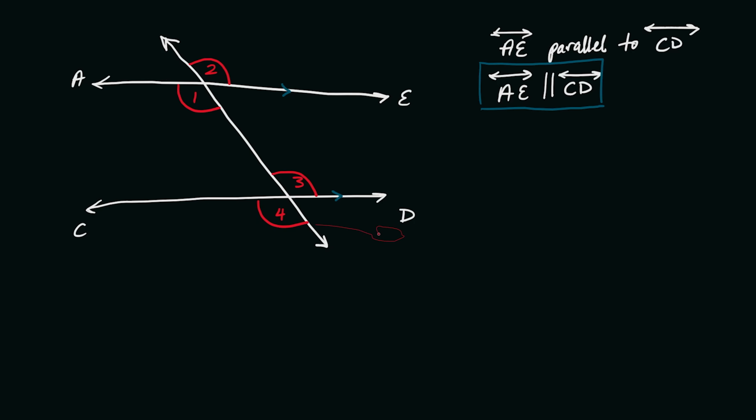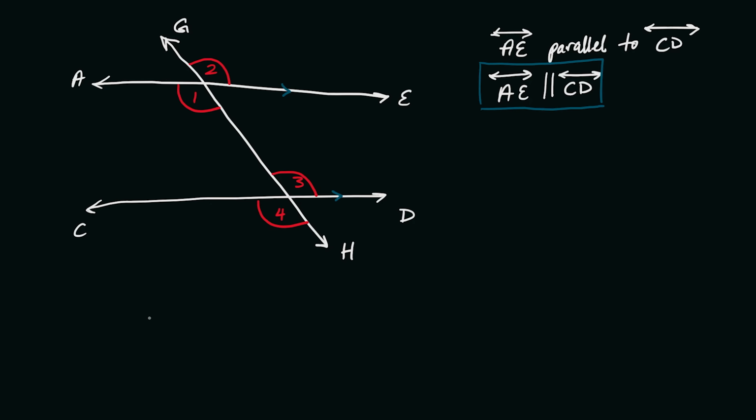Alright, so by the looks of this, since we know that line AE and line CD are parallel to each other, we can say that line GH is a transversal. A transversal is when you have a line going across two parallel lines.